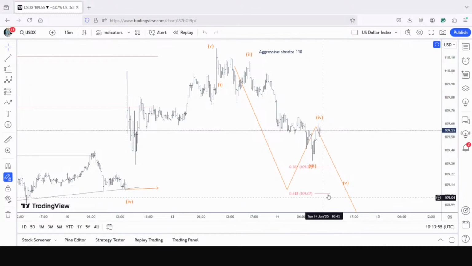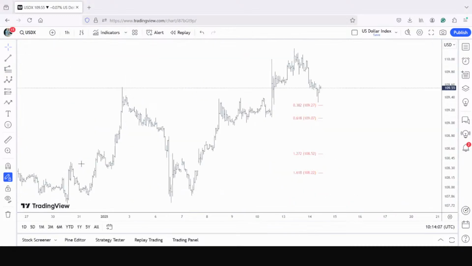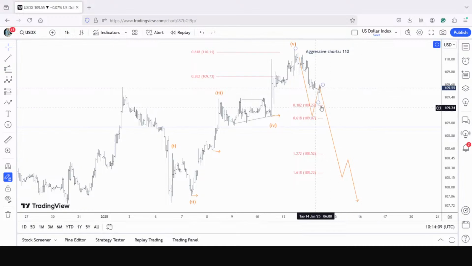So let's keep this Fibonacci figure here, which is now pointing towards 109.07, absolutely falling in line with the previous wave 4 of one lesser degree. That would give us more confidence. That's the first target we are looking forward to. Okay, so that's the wave counts. We'll keep following it.